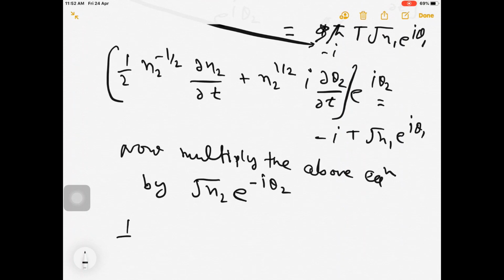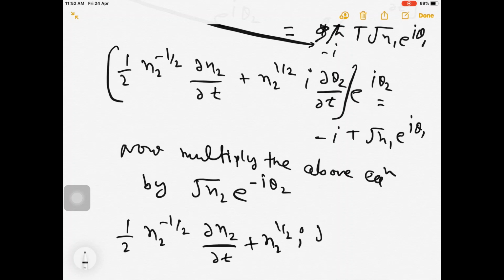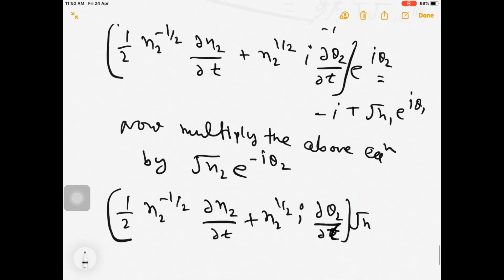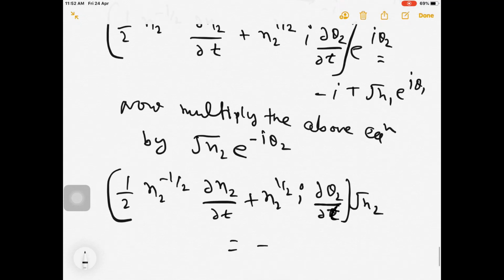So I will get 1 by 2 n2 power minus half del n2 del t plus n2 power half iota del theta 2 divided by del t, times under root n2, because minus iota theta 2 will cancel out with exponential plus iota theta 2. In the right hand side I will get minus iota t under root n1 n2 exponential iota theta 1 minus theta 2.